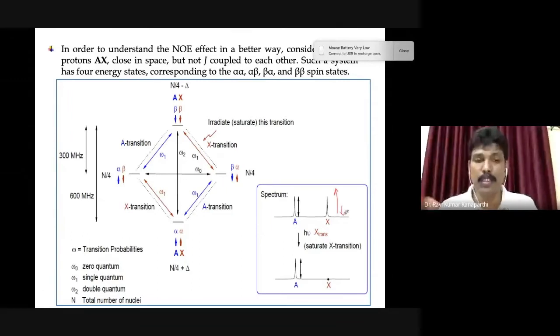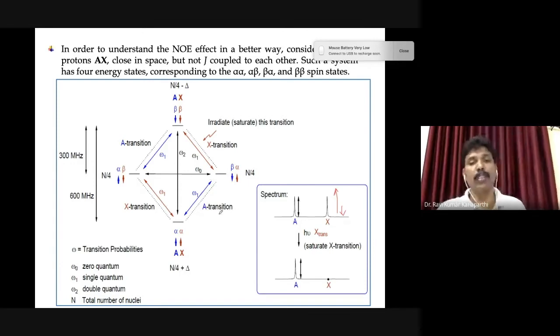It depends upon a couple of factors: what kind of dipole interaction is taking place, what the chemical environment is, what solvent is being used, and how fast the molecules are moving in the medium. There are several factors out there. So that is the brief explanation of NOE. And to explain NOE, let me take the same AX example.